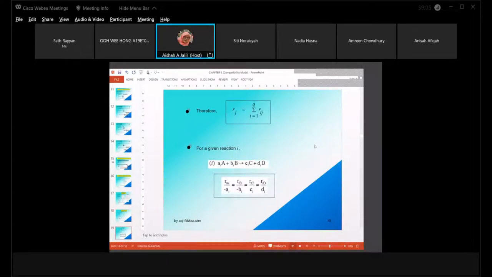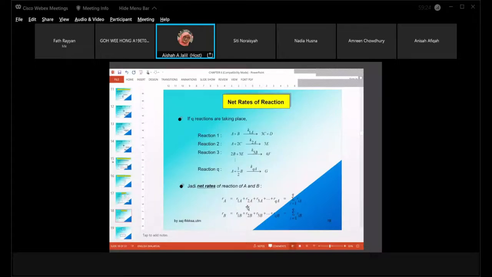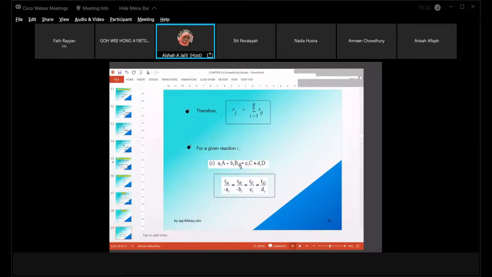If you can remember, Rj equals the sum over i of Rij. And this is the relative rates of reaction, so you will use this to calculate all of these. For example, this is the general one. It is negative because of the reactant and positive because of the product. You have R1A, R1B, R1C, R1D.